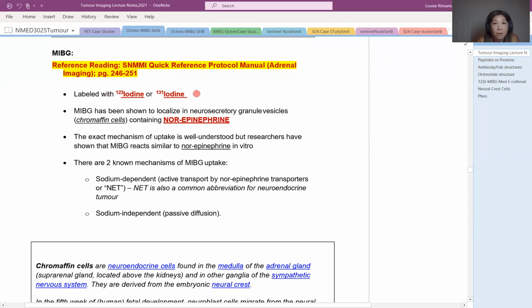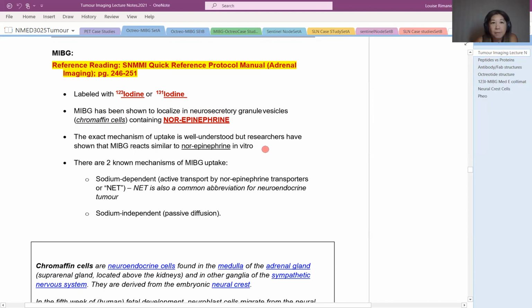And I remember, going down to the States frequently, and they were so jealous that we were able to use I-123 MIBG, which obviously has better image characteristics, because down in many parts of the States, they only have access to the I-131 version. So MIBG has been shown to localize in the neurosecretory granule vesicles in these chromaffin cells that contain norepinephrine.